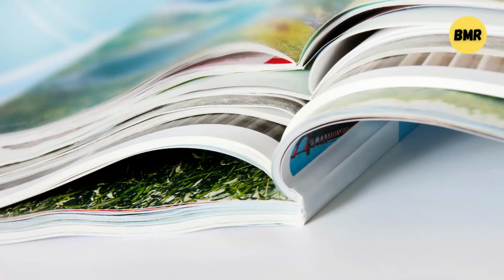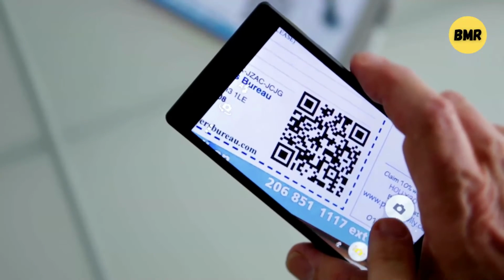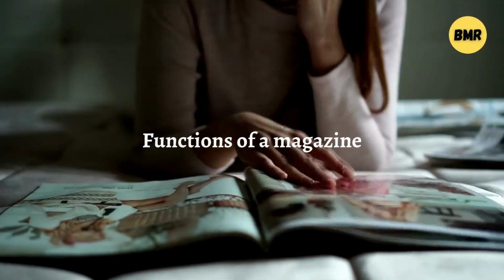So here come two points. Weekly, fortnightly, monthly, bi-monthly, quarterly, annually and biannually are examples of the first category, whereas mass magazines, class magazines and specialized magazines are examples of the second category.